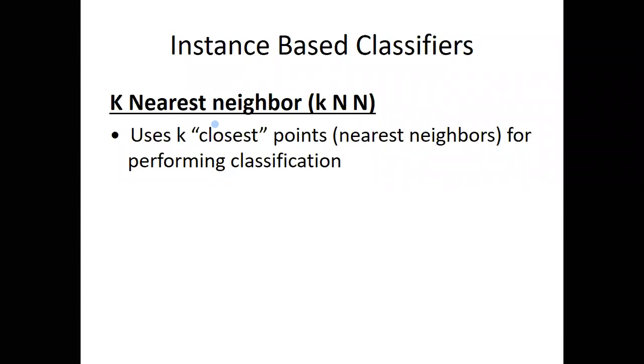From 1 to n, you can give any number of nearest neighbors. K indicates the number of nearest closest neighbors I am looking for in the instance space.